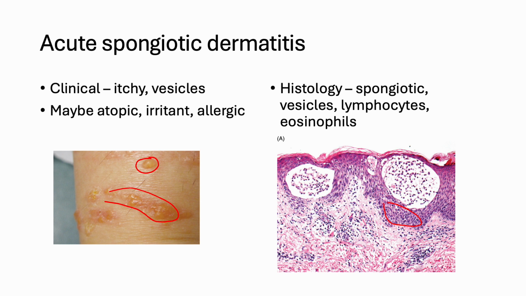Spongiosis basically means there is accumulation of fluid, and this accumulated fluid causes the keratinocytes to start to separate. If you remember the nature of the keratinocyte, desmosomes hold each other. So if there is accumulation of the fluid, it looks like a sponge.